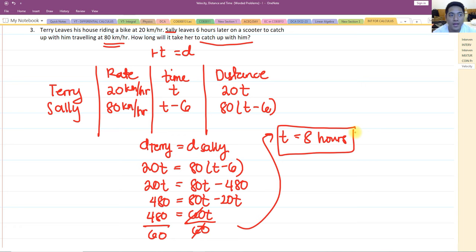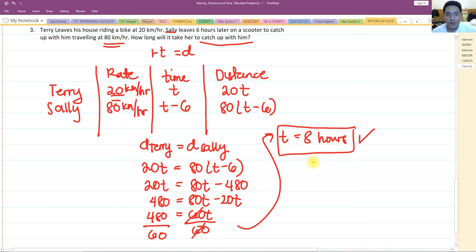This 8 hours is the time Terry is traveling at 20 kilometers per hour when Sally catches up to him.